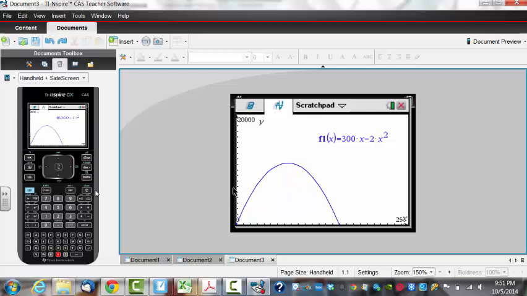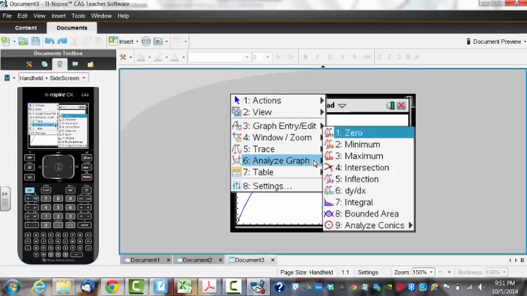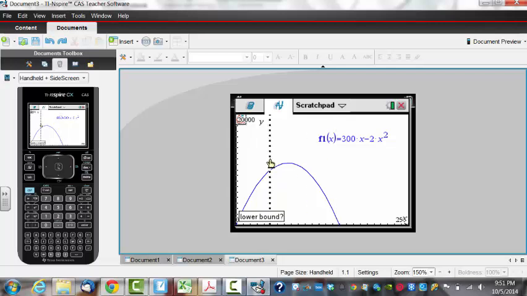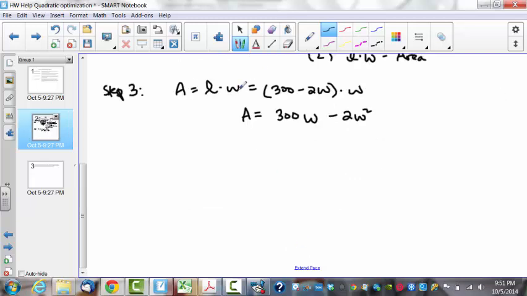So in order to find the vertex on a TI Inspire, it's a little bit different, but it's the same idea. Hopefully you found the lower bound and the upper bound, and the maximum was at when the width is 75.